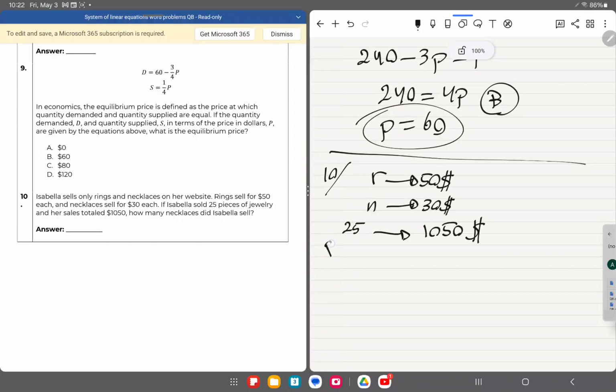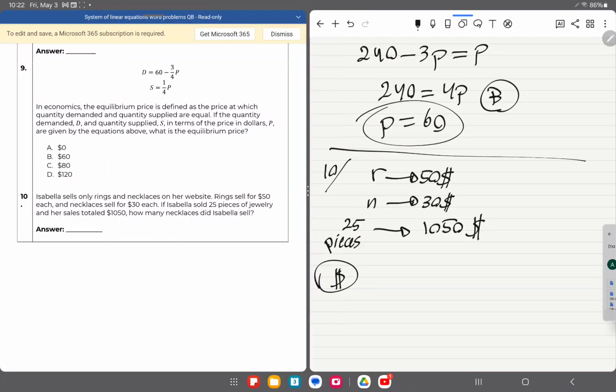So over here, this one is pieces, and this one is dollars. Focusing on dollars, I would get 50R plus 30N is equal to 1050. Now R plus N is going to be equal to 25.